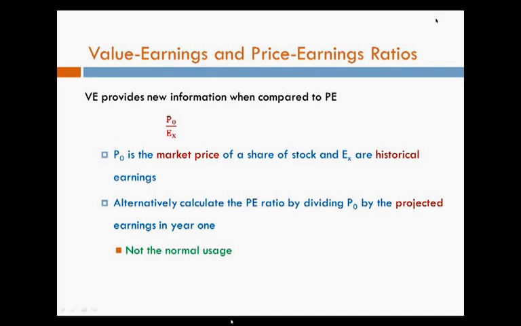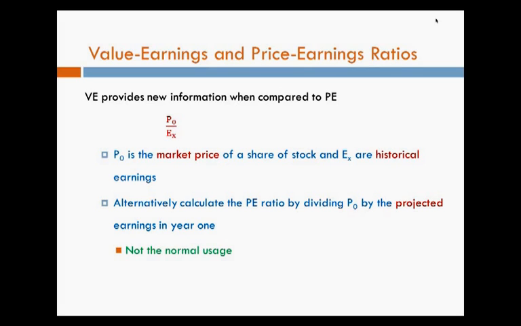Now, when you compare the value earnings ratio with the price earnings ratio, you could recalculate PE to look forward. You could recalculate VE to look back on earnings, so you can get them aligned to each other. You want to compare them apples to apples.